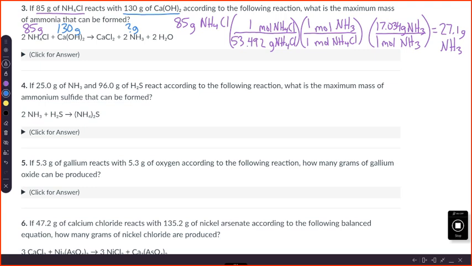Doing the same thing for the calcium hydroxide. 130 grams of CaOH2. Grams of CaOH2 to the bottom, mole of it to the top. Adding that molar mass, 40.08 plus 16 times 2 plus 1.008 for hydrogen times 2. 1 mole is 74 point, let's call it 10.